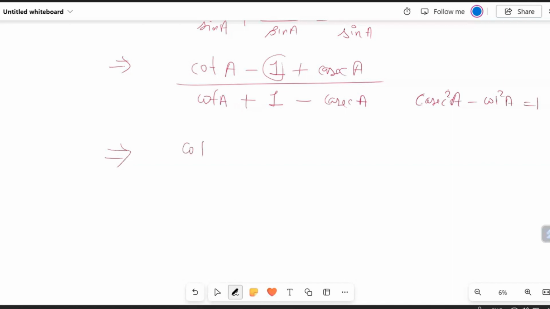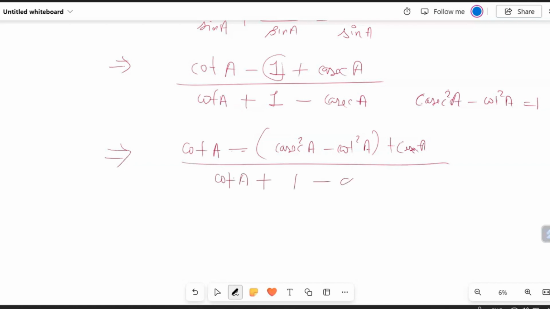So we can write down cot A minus, so 1 can be substituted somehow, cosec square A minus cot square A, plus cosec A divided by cot A plus 1 minus cosec A.